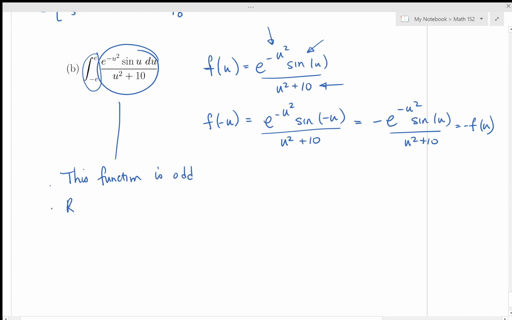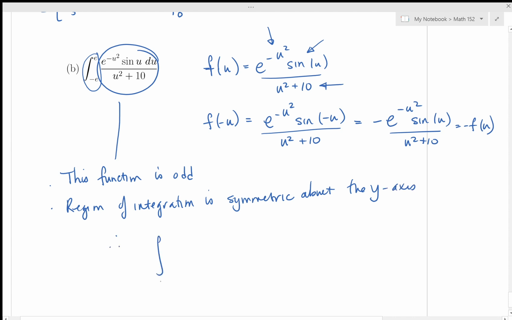Region of integration is symmetric about the y-axis. Therefore, the integral from minus e to e of this horrible thing here equals 0.